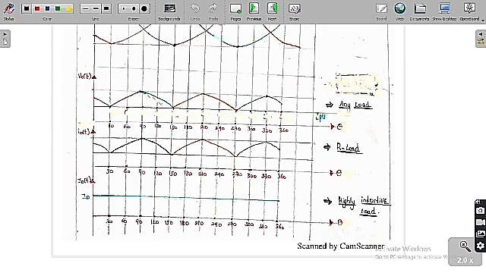For a resistive load, the current waveform and the voltage waveform are in the same manner, whereas for a highly inductive load, the current is always constant with respect to time.